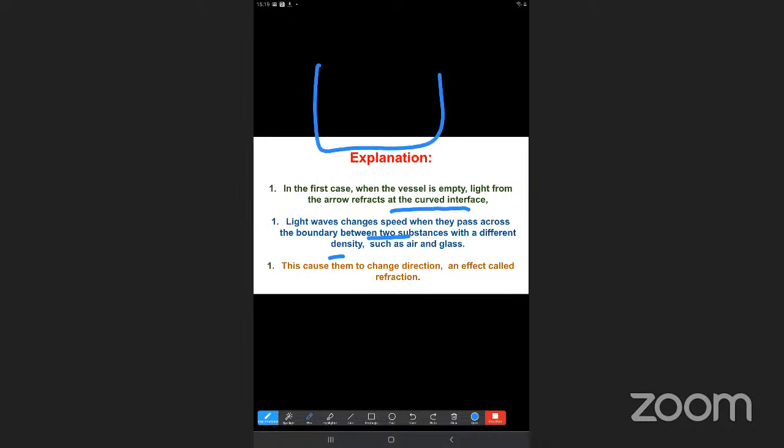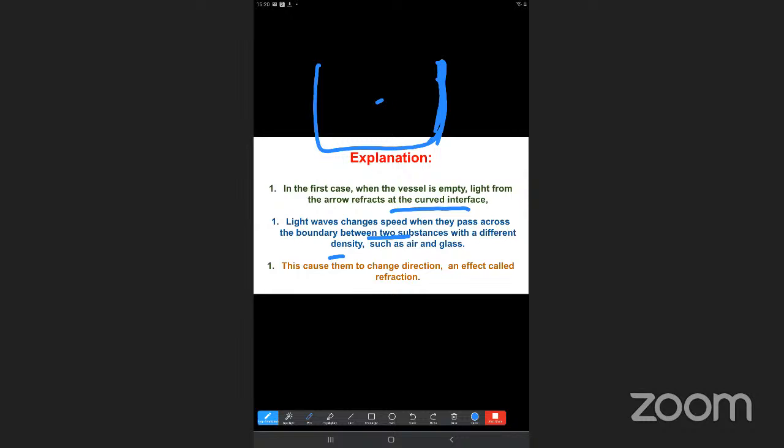So here, when the glass is empty, we have two mediums: one is air and one is glass. Light from the arrow refracts at this curved surface, the interface between two mediums.